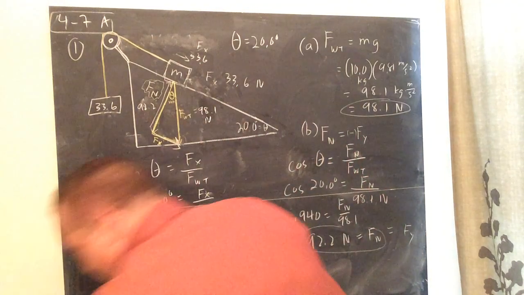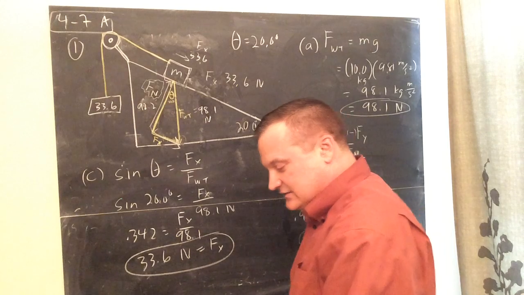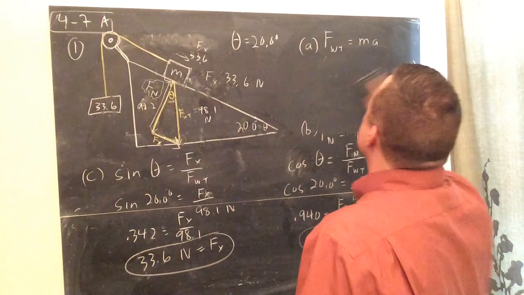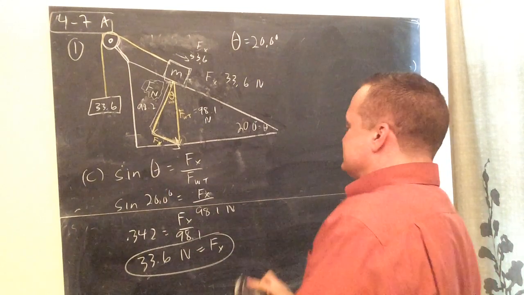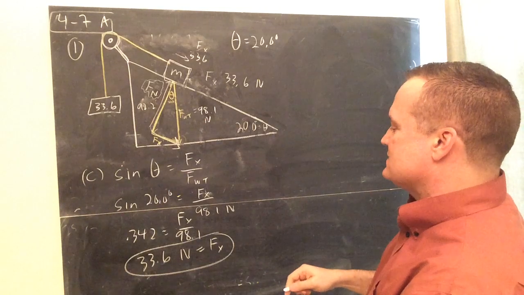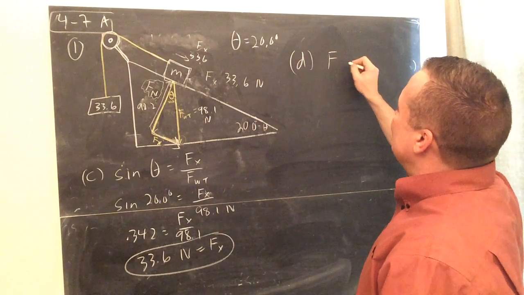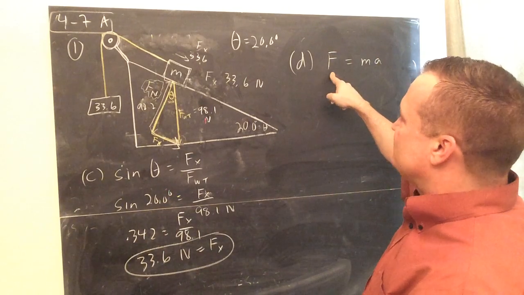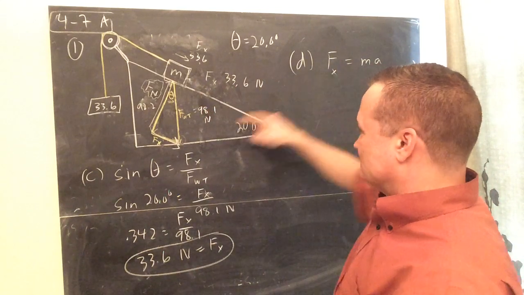Okay. All right. Last question, D. Calculate the acceleration of the box down the incline if the box is released. This is the last and a very easy question. What will be the acceleration of the box down the incline if it is released? And so, F down the incline equals ma. And so, what is the force pulling it down the incline? It would be Fx.